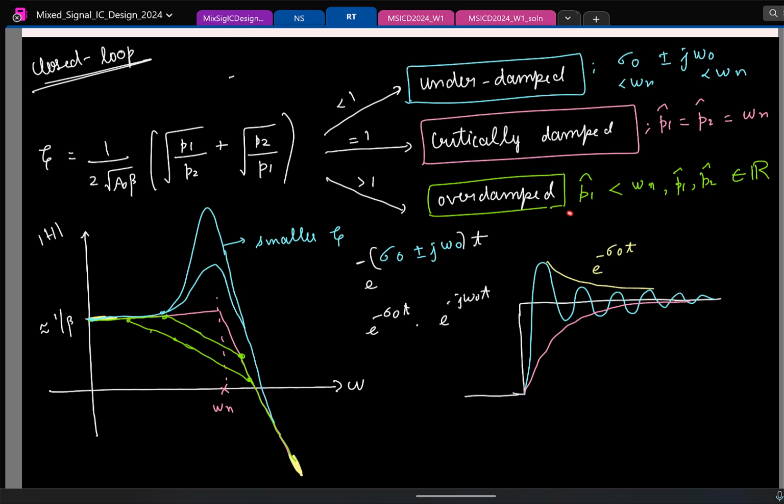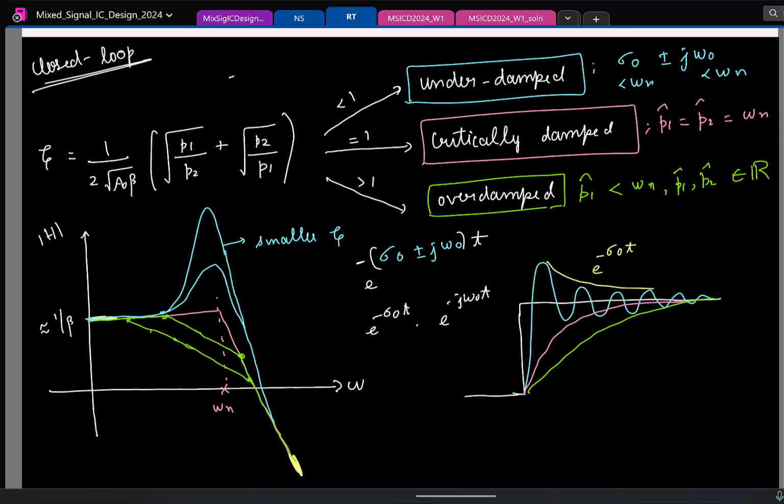Okay, then one last thing, the overdamped case. How will it look like for the overdamped case? Yeah, exponential, but he is saying this will be longer. Why is that so? You think about it like this. For the overdamped case, the lowest frequency pole is smaller than that for the critically damped case.